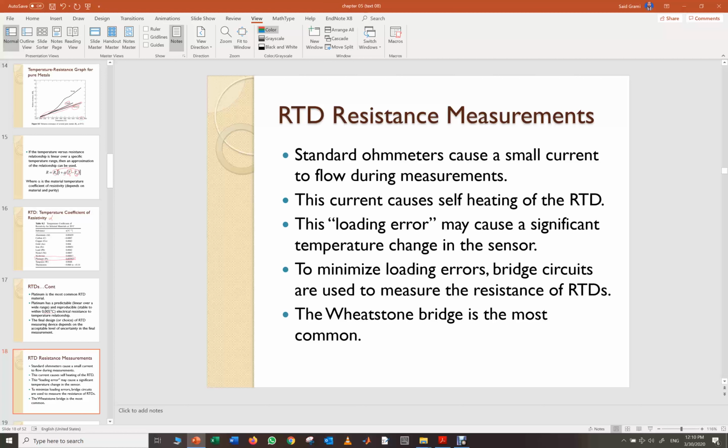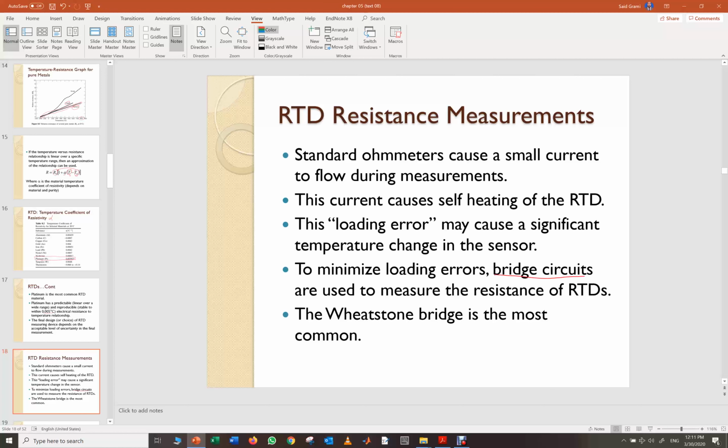Since we have a current flowing in the wires, this causes heating, and the heating will change the resistance in the RTD. So we can get an error. To minimize the loading error, bridge circuits are used to measure the resistance of the RTD. So we use a bridge circuit to eliminate all the external effects on the RTD.